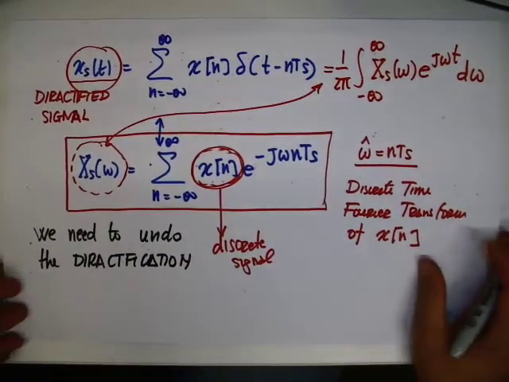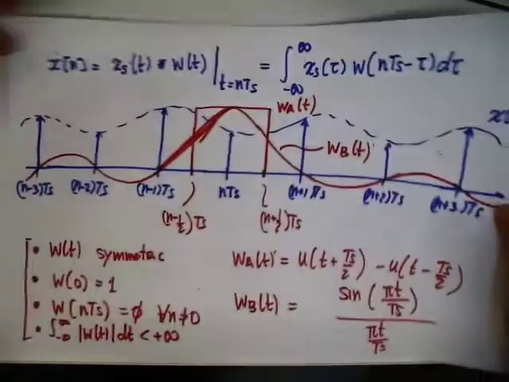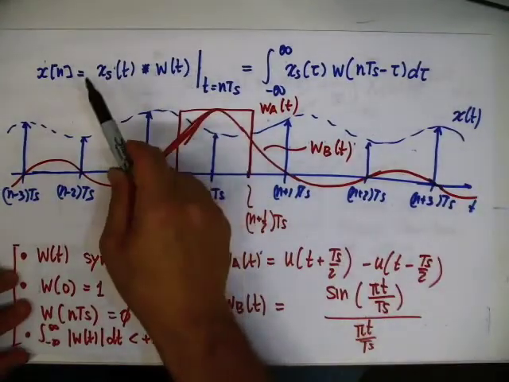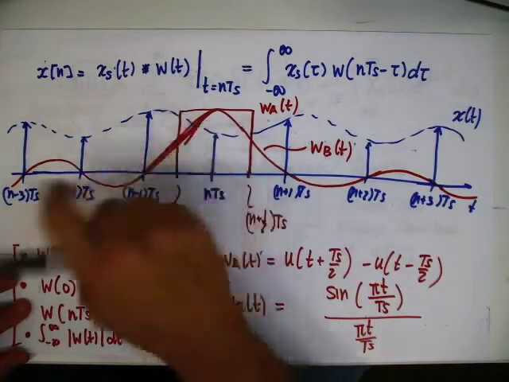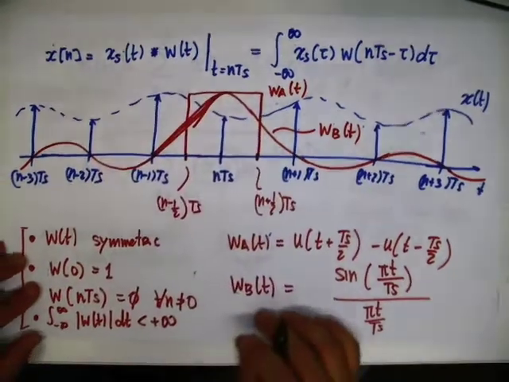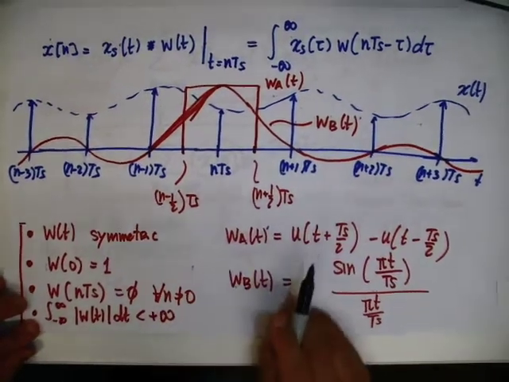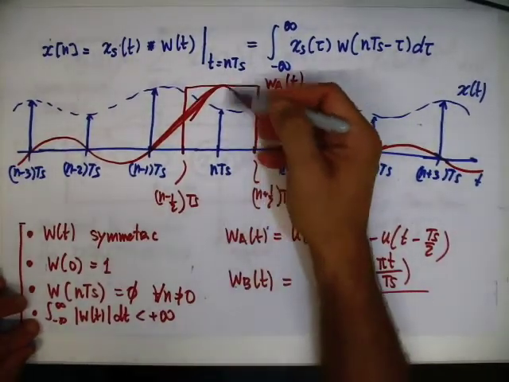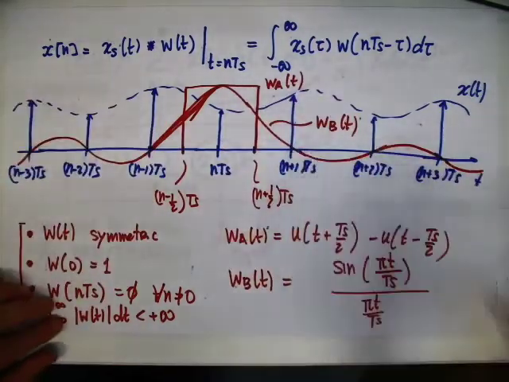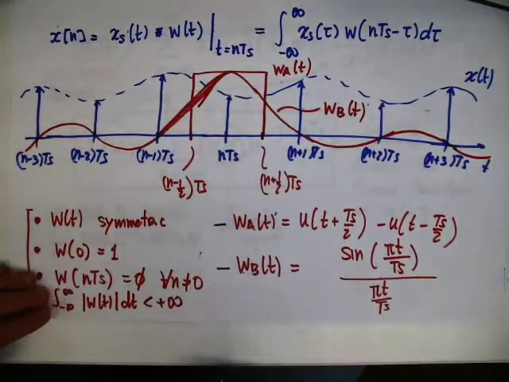And we have already seen that there are infinite ways to undo the Diractification, because I can convolve the Diractified signal with an infinite choice of windows, which need only satisfy these simple properties. Okay, so one where they're centered, and zeros at nT_s. And we have seen that we have two choices of these windows.